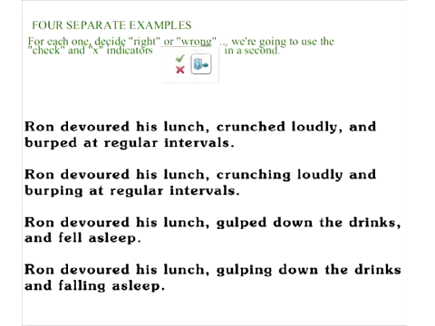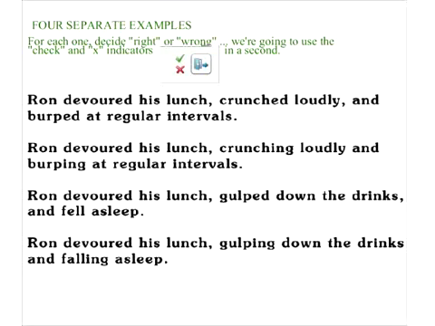Take a look at these and decide whether you think that they are correct or incorrect. Please do not use the chat box to answer this. We're going to go through these one by one and gather the opinions of the class.